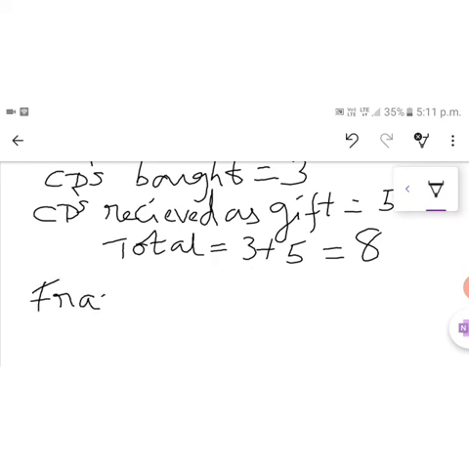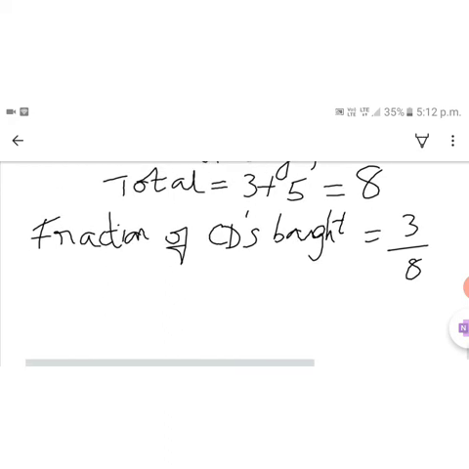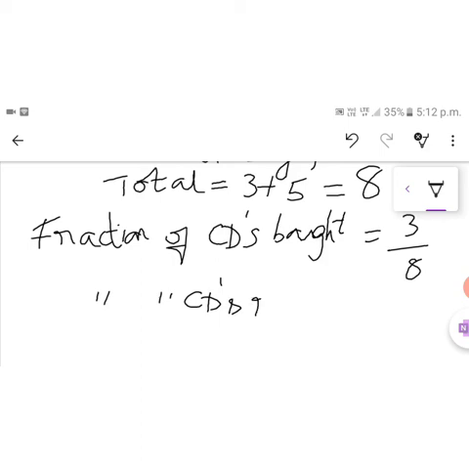Fraction of CDs bought equal to 3 by 8. Fraction of CDs received equal to 5 by 8.